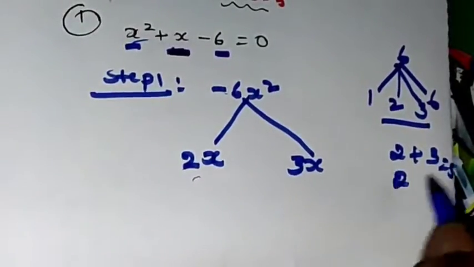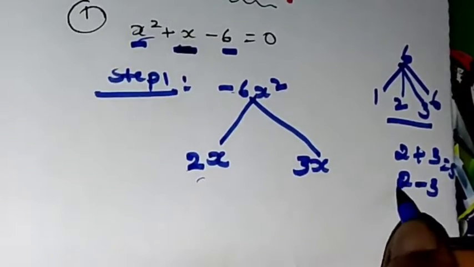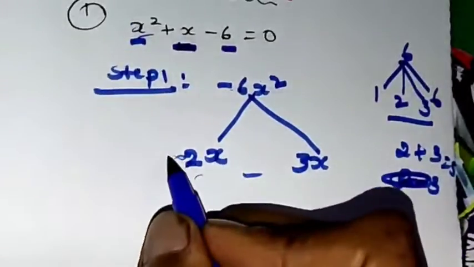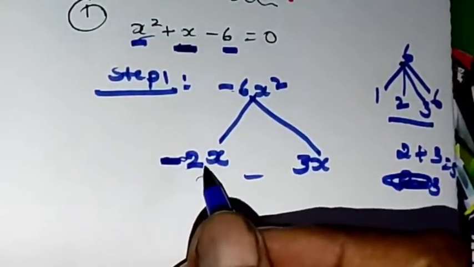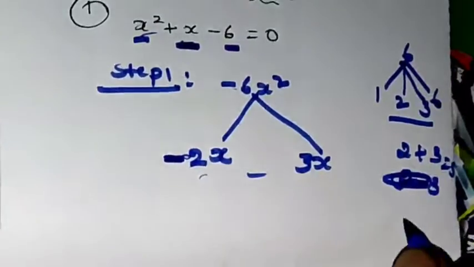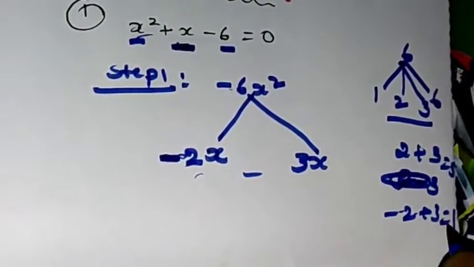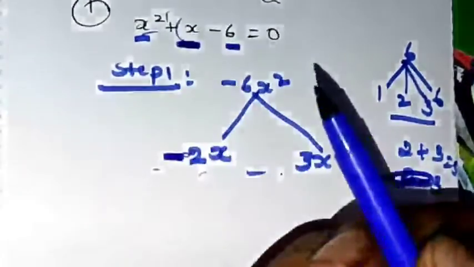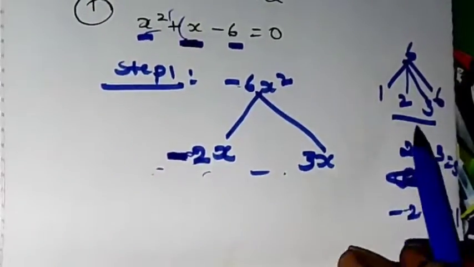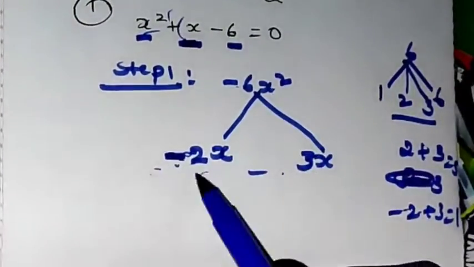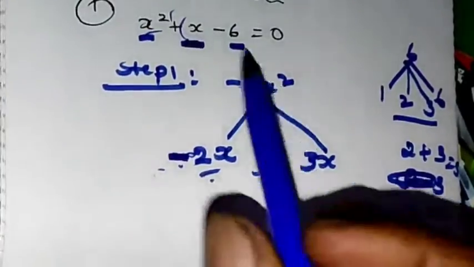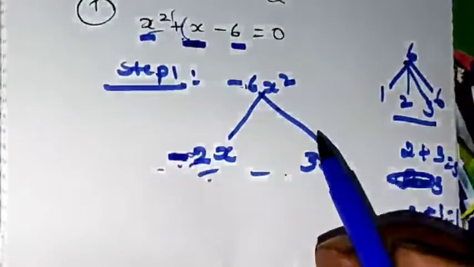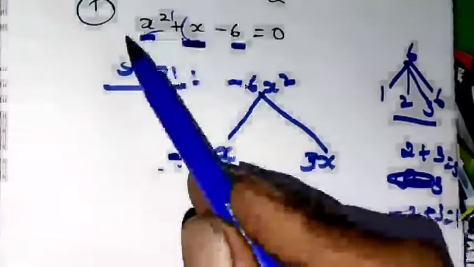If we take a minus sign for 2 and plus for 3, minus 2 plus 3 we get 1. That means minus 2x plus 3x we get x. If we add and subtract these two we get the middle one, and if we multiply these two we get minus 6 x square.